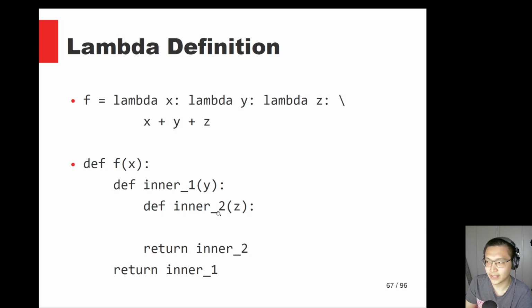It accepts the final input z and returns the result. So f returns an inner function, which returns another inner function, which returns the final result. This would be a slightly different implementation compared to the lambda notation. The lambda notation also works, but this would be more traditional Python code.